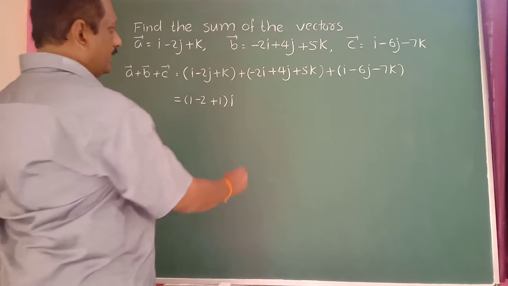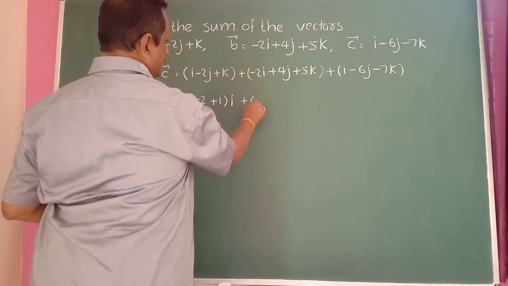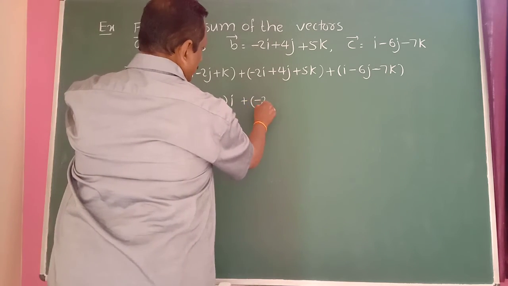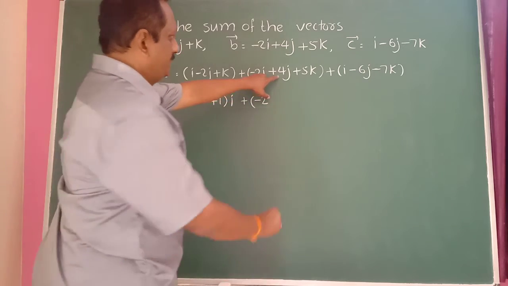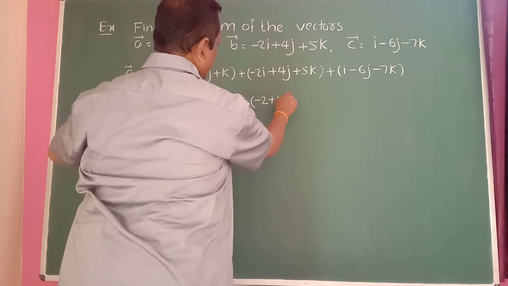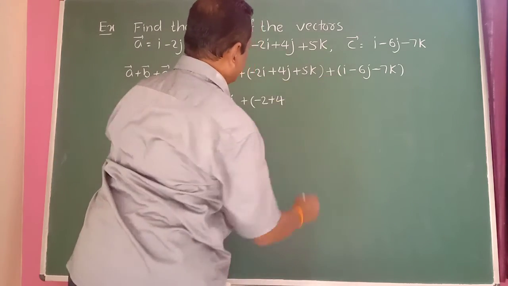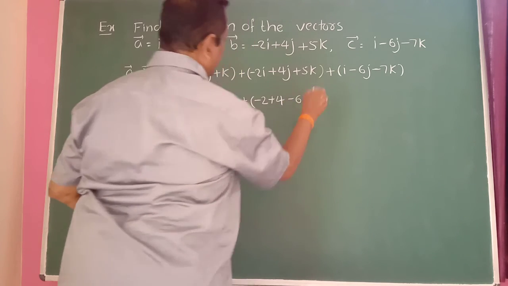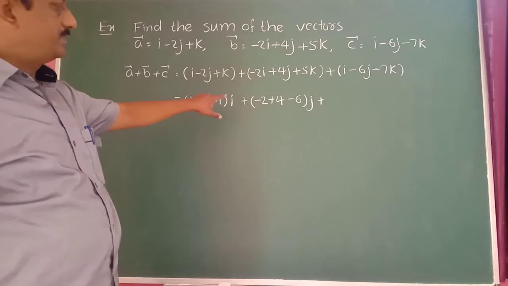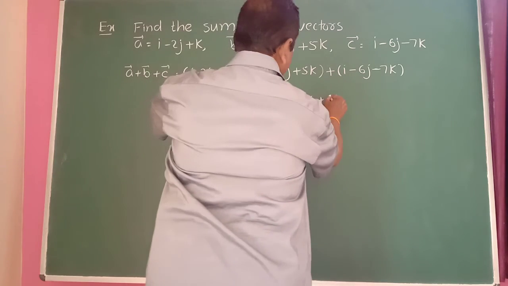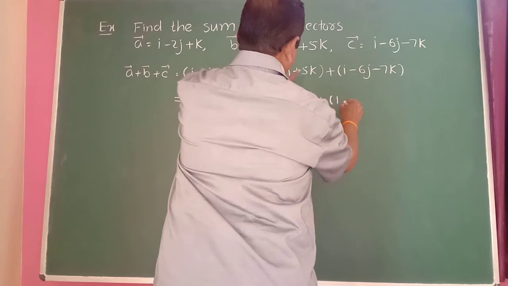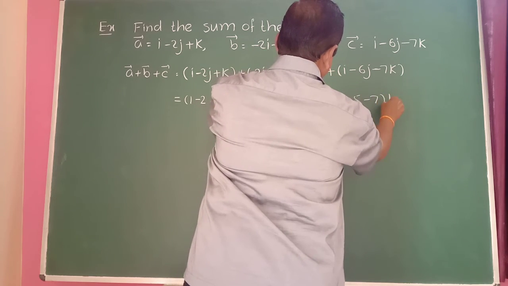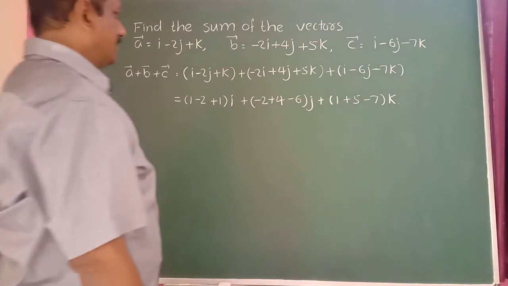Then take only the j coefficient here. Here j coefficient is minus 2, here plus 4, here minus 6, into j. Here plus take the k coefficient. So here k coefficient is 1, then plus 5 minus 7 into k.